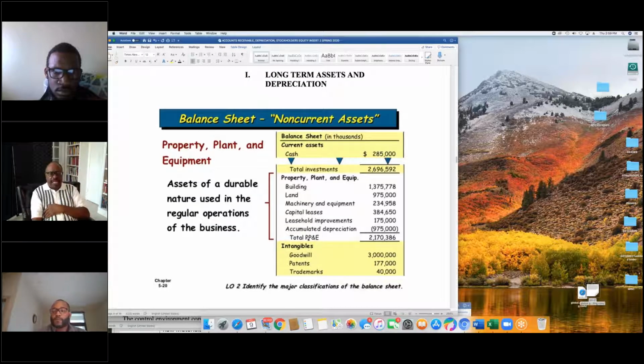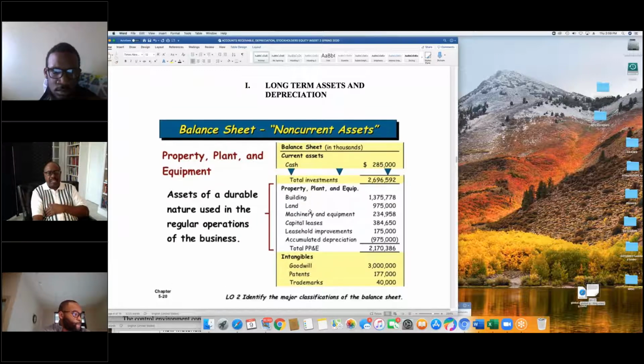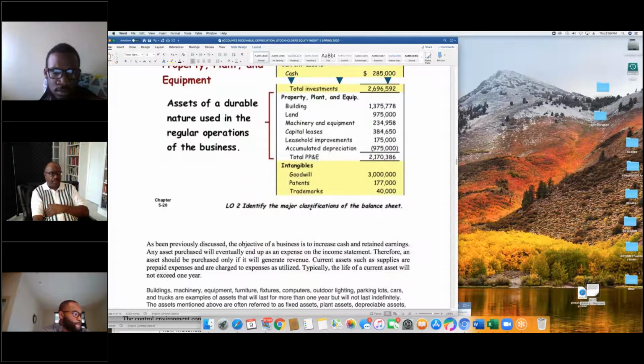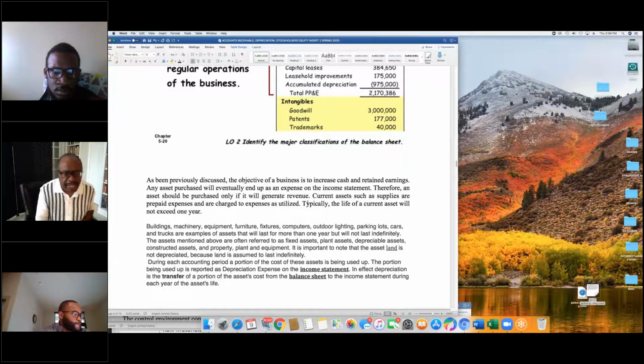With both land and goodwill, we never write them off. We assume they're going to be there forever. But all these other assets we depreciate because they're prepaid assets, just like prepaid insurance and supplies. They're going to eventually have to go into the income statement, and revenue has to be generated. That's why we made the expenditure.